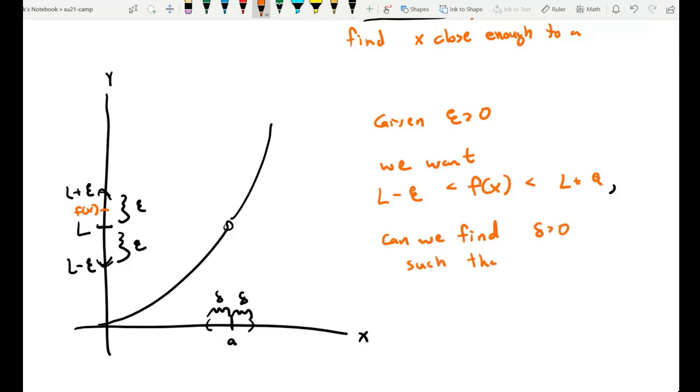such that x being in that interval implies that f of x will be within this interval on the y-axis.